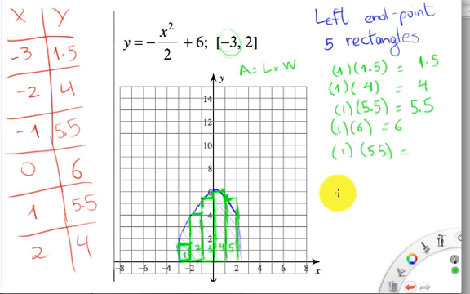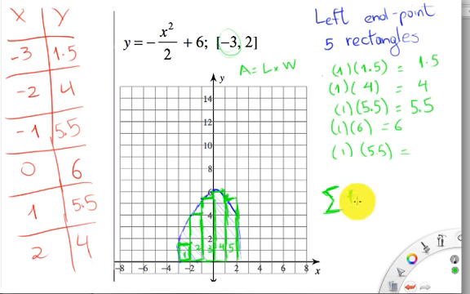So when you really think about it, the sum, this is sigma in the Greek alphabet, the sum of all my heights, I'm going to call the height the function value because that's all it is, right?